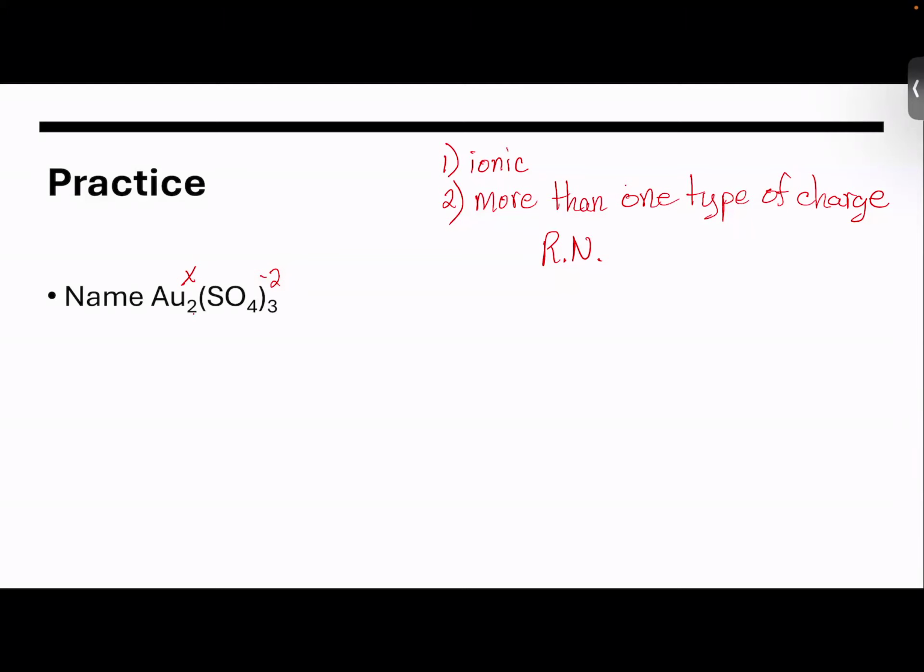We have 2 gold times X. We have 3 sulfates times a -2 to make a -6, and ionic compounds must be charge neutral. 2X, therefore, equals 6. X equals 3. So the Roman numeral that I'm going to label my gold as is going to be gold(III), and then sulfate, which is the polyatomic ion.